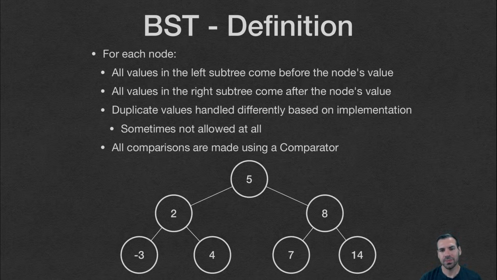Or just don't allow duplicates. Sometimes you don't allow duplicates. It's actually pretty common to say, if this is a duplicate, we're just not putting it in the tree. Whenever you try to add something to the tree, if you try to add a duplicate, not allowed. There are quite a few key value store implementations that are based on trees, and that's part of why you can't have duplicate keys in a key value store.